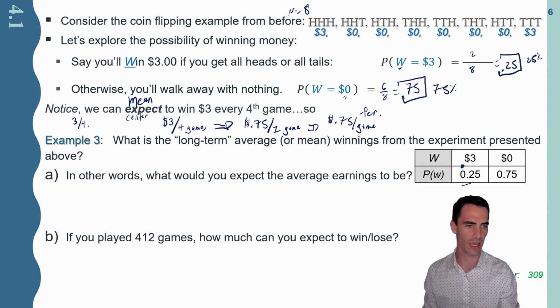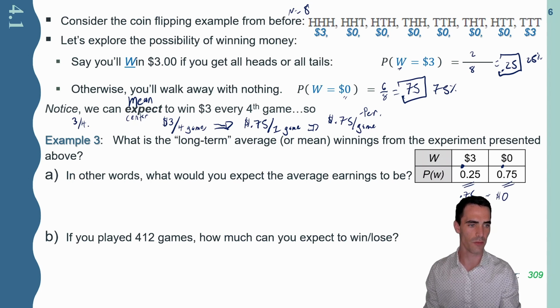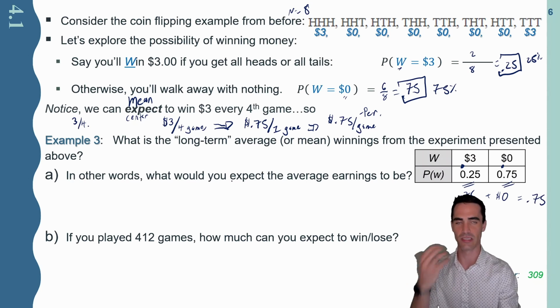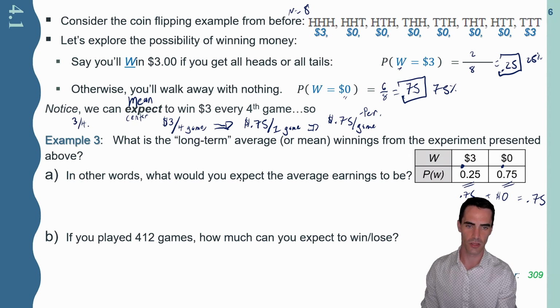If you multiply those together, you'll get 0.75. And then if you multiply the next category, which is $0, you'll end up with, go figure, $0 here. And if you add those two together, you'll actually get your average 0.75, which is exactly what we got using our verbal arguments here.